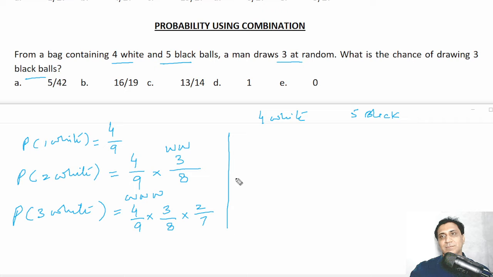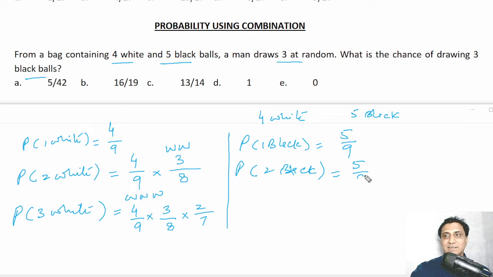Probability of 1 black is 5/9. Probability of 2 blacks: first black is 5/9 and the second black is 4/8.